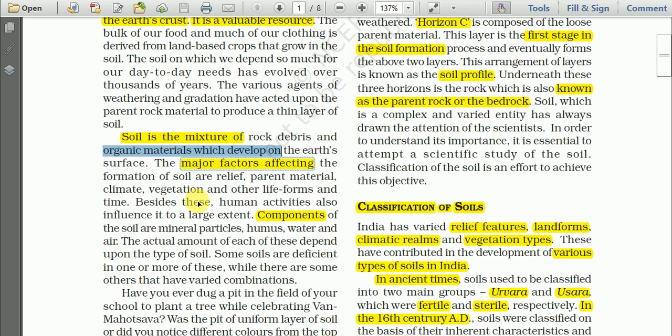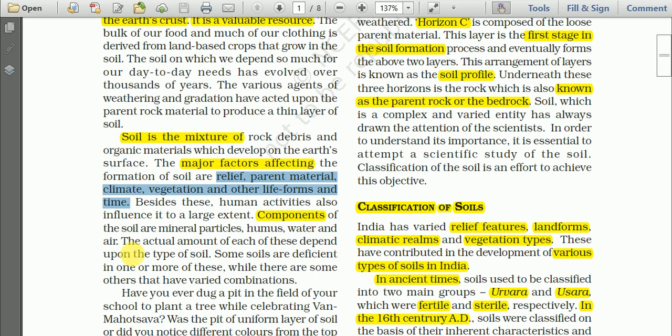and the major factors affecting the formation of soils are these: relief, parent material, climate, vegetation and other life forms, and time. These are the important soil forming factors, which we have also already discussed in our textbook Fundamentals of Physical Geography.